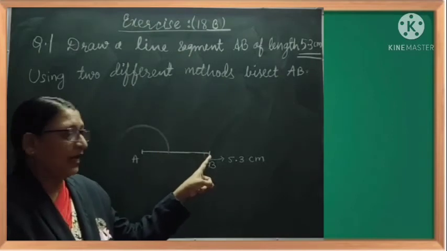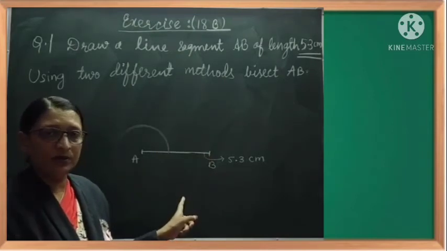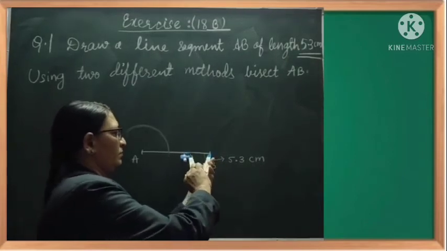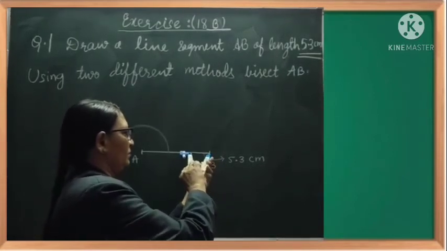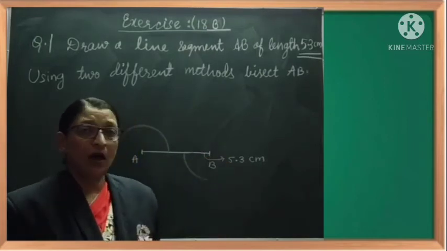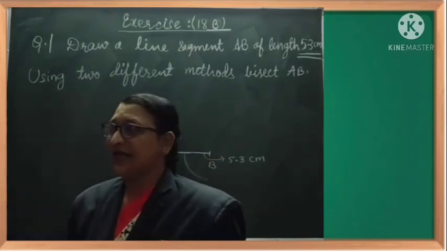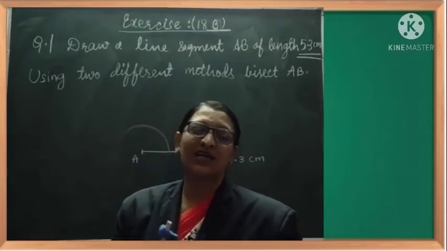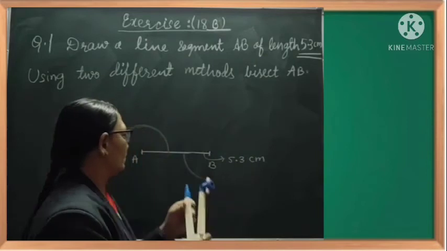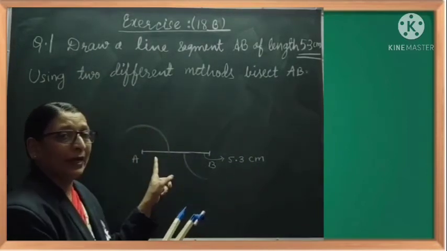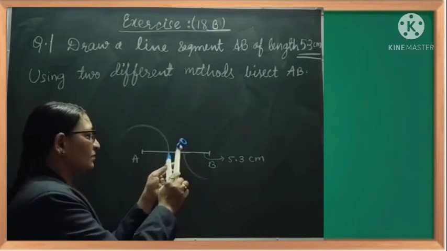Here from the point B I will draw an arc downside. Now by taking a suitable distance, you have to cut both the arcs from the point of intersection on the AB segment.